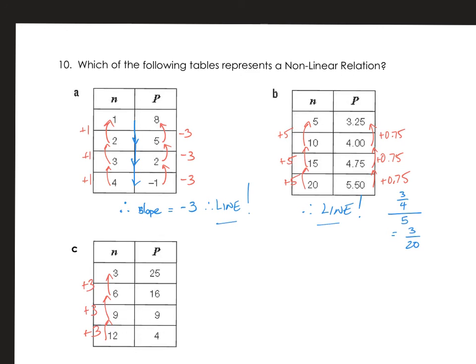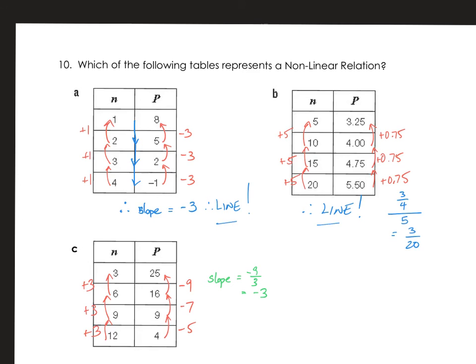But then we notice that in my p-values, I would have gone down 9, then down 7, and then down 5. And so if I just went through and did a couple quick slope calculations, then my slope between my first 2 points is going to be -9/3, which is -3.